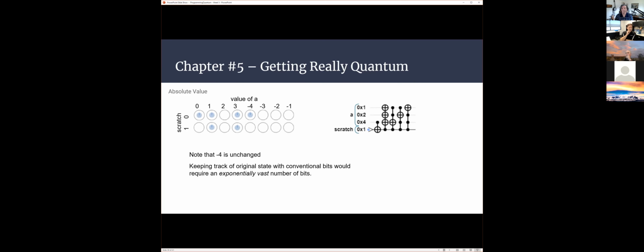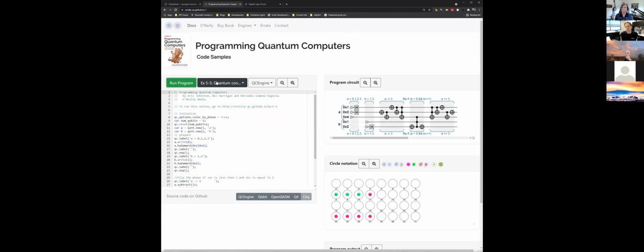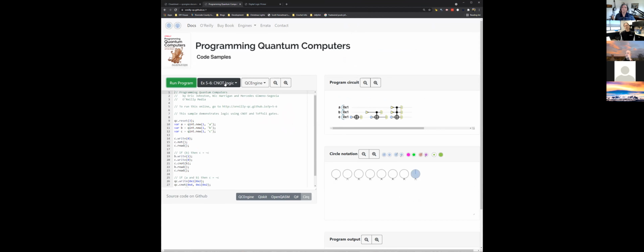He said, if we're adding 2 numbers, A and B, this just gets into logic gates. We're going to do an operation adding A and B, but we need to know the absolute value of A first.